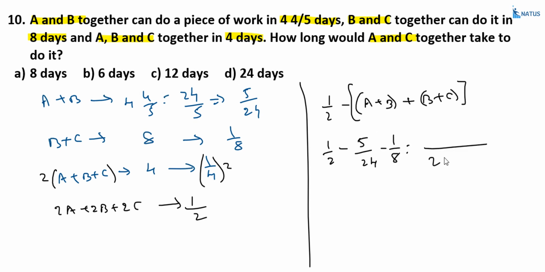What is the LCM? That is equal to 24. This is 12 minus 5 minus 3, so this is equal to 4/24, that is equal to 1/6. So how many days are required? That implies 6 days are required.